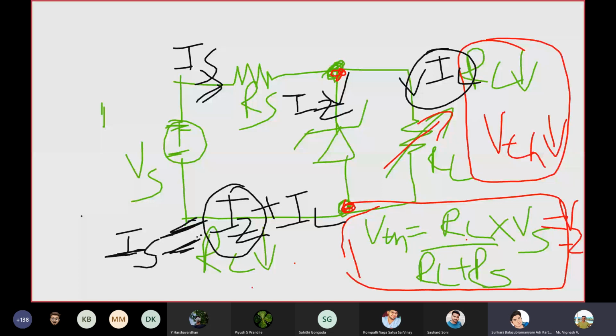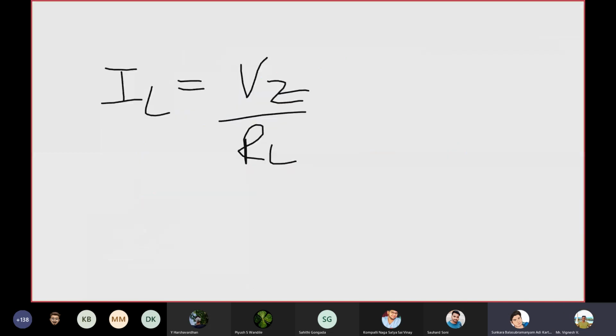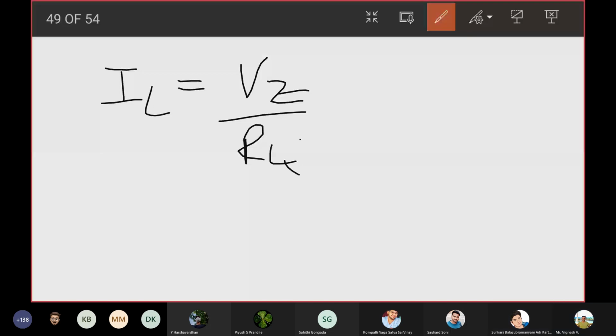Right, sir. So, when you choose RL as maximum, let me find out what is the maximum load resistance which I can have. Then you will get IL as minimum, right? You will get minimum IL value. Am I right?